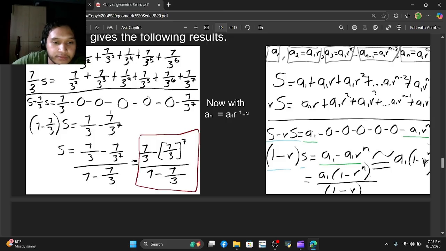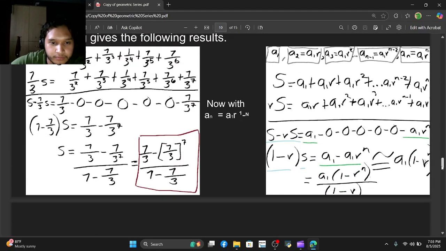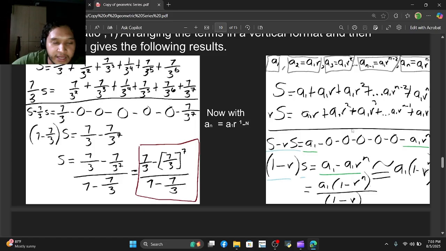We have the one third of the remainder of the subtraction, which is the first term and the last term.